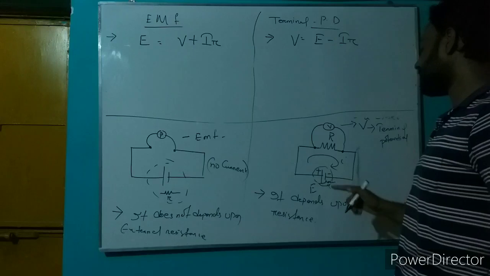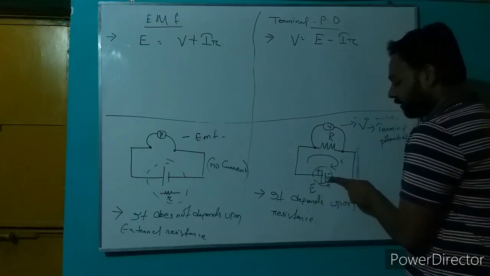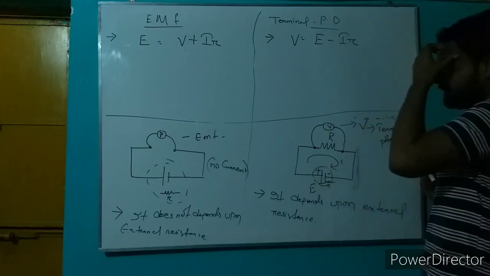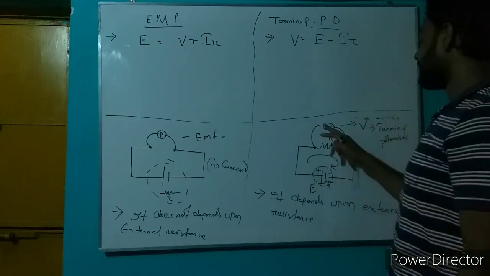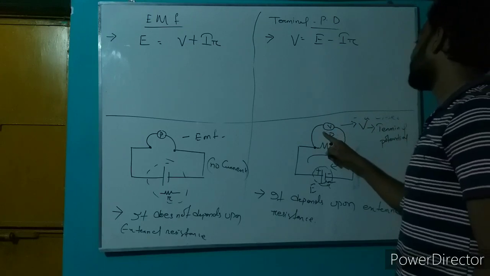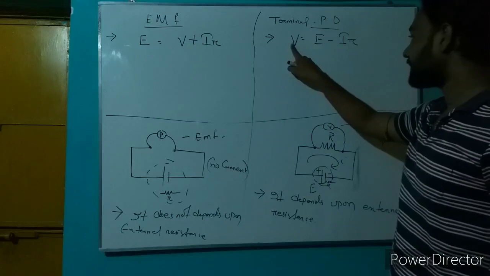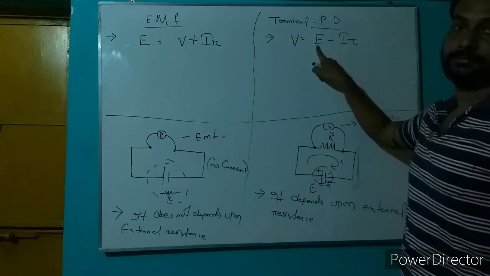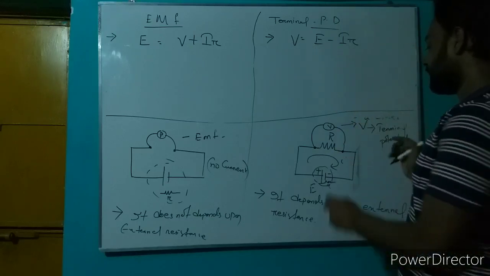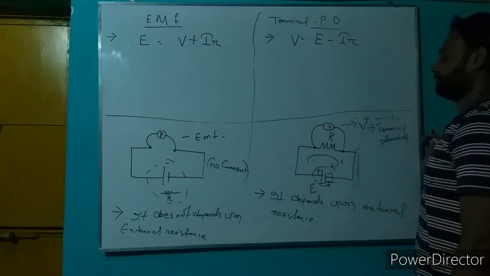Due to internal resistance, the current is moving from lower potential to higher potential. Due to external resistance, there is a potential drop across here. That potential difference is known as terminal potential difference, and that potential difference is always less than the EMF of the cell, because a small amount of voltage drops.